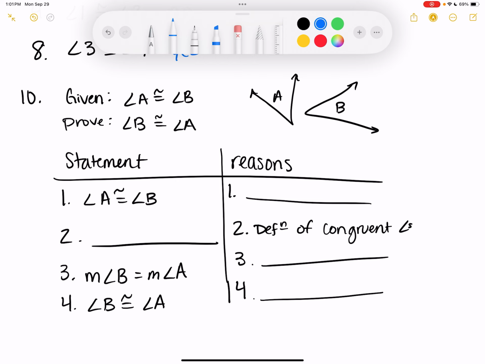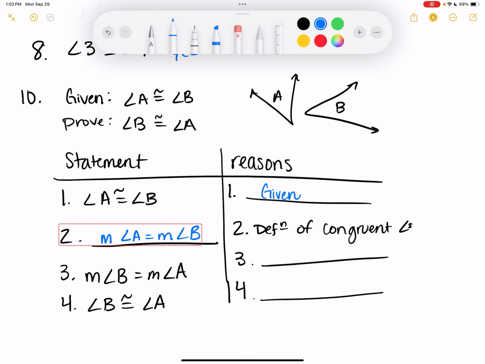All right, so let's just work our way down. So the first thing is that angle A is congruent to angle B. What's the reason for that? Given. Over here they tell me that the reason's going to be definition of congruent angles. So what's going to need to go in this blank? Measure A equals measure B. Yep. Measure of angle A is equal to the measure of angle B. Then they go, measure of angle B is equal to the measure of angle A. What allows me to do that?